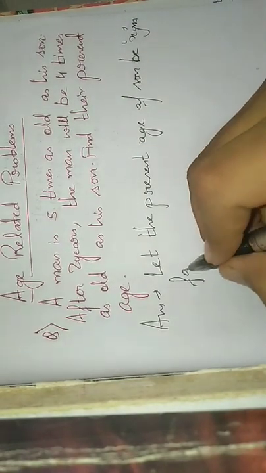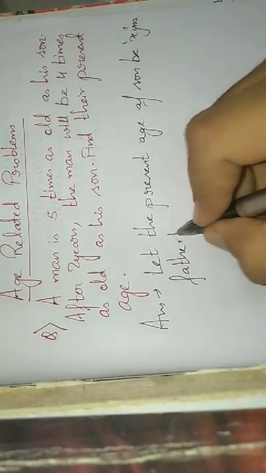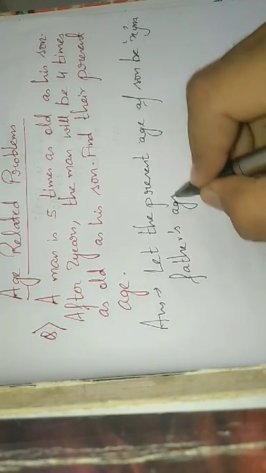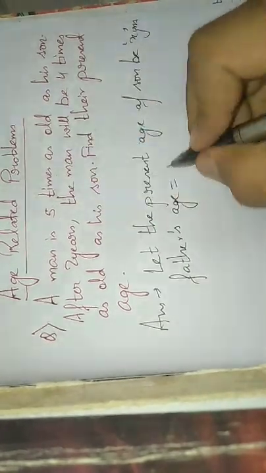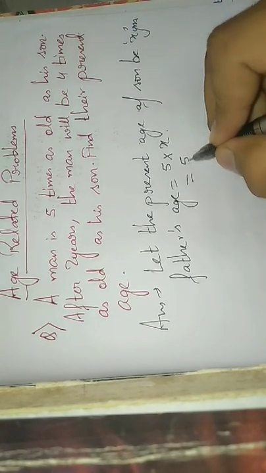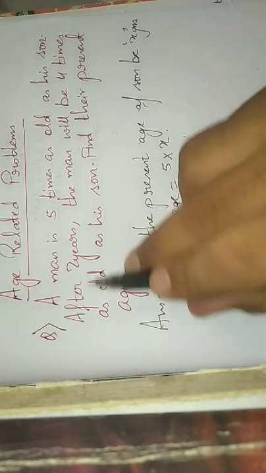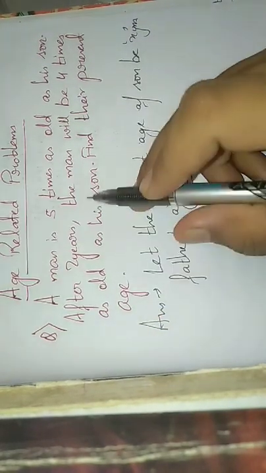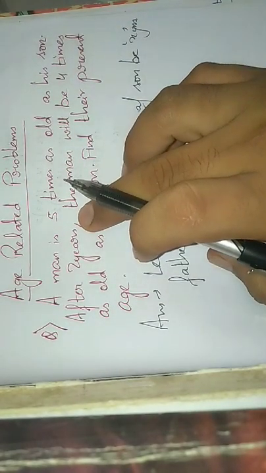So what is the father's age? 5 times means multiply the son's age, right? So father's age is 5x. The next thing they are saying is after 2 years. I gave a comma, so you halt over here.